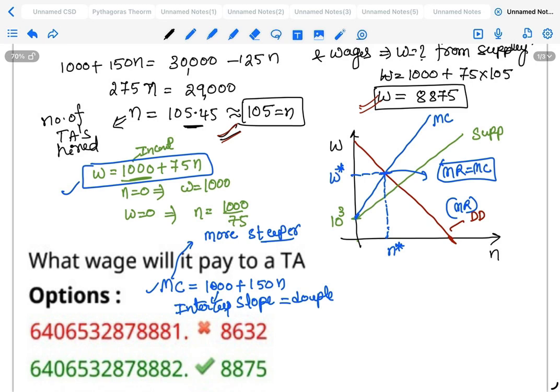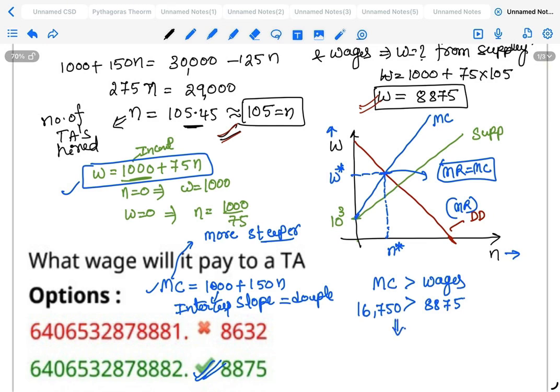Very important, this is a monopsony question: many sellers and one buyer. Marginal cost is greater than the wage. The wage equals 8875 and the marginal cost is 16,750, so marginal cost is greater than the wages paid.